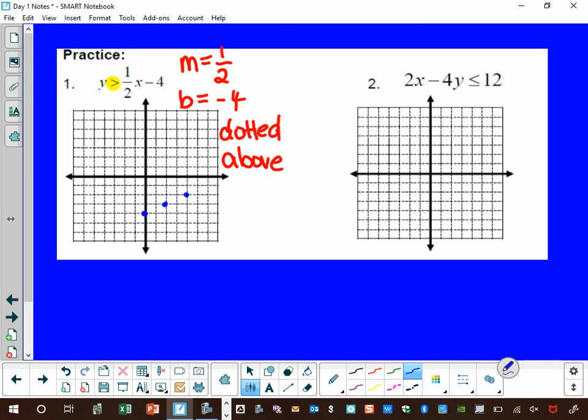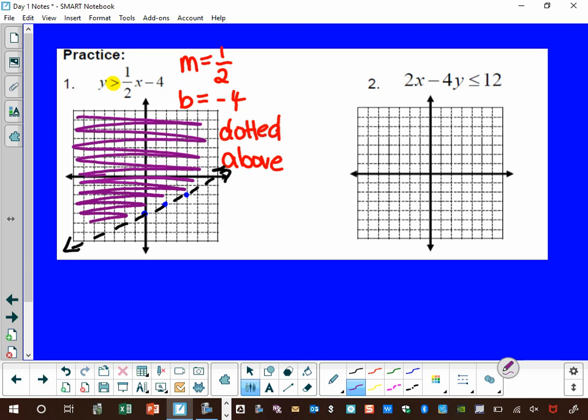All right, we know it's a dotted line, right? So let's draw a dotted line through my points. And then I'm going to shade above. And you guys need to shade all of this. Okay?